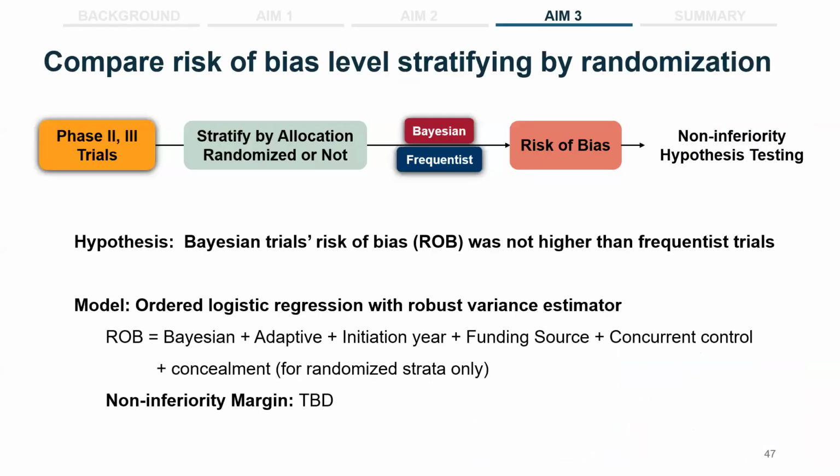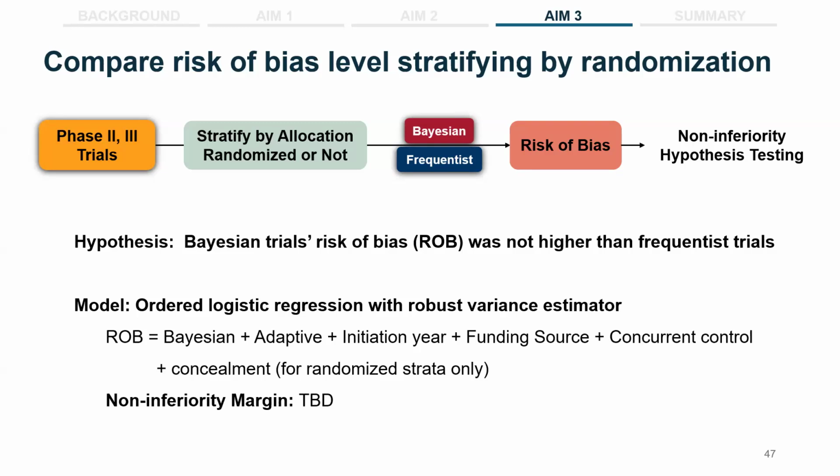We're going to use ordered logistic regression with a robust variance estimator to compare the 2 groups. And because the tool differs between randomized and non-randomized trials, we're going to stratify the analysis by randomization.